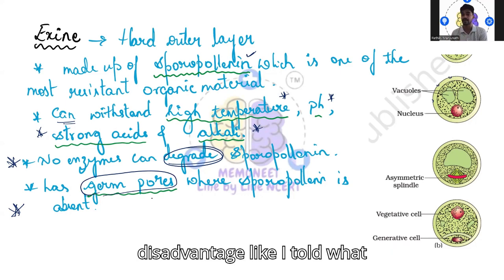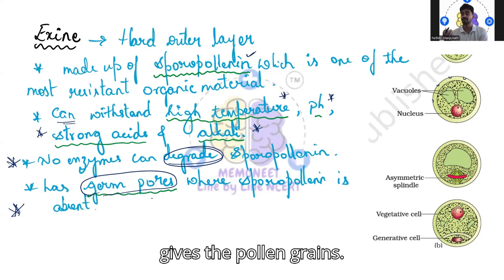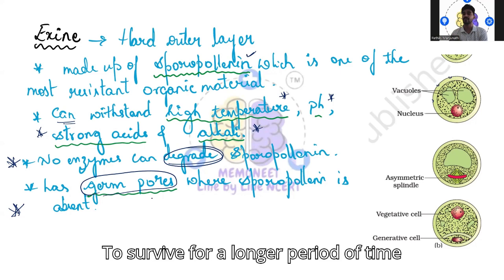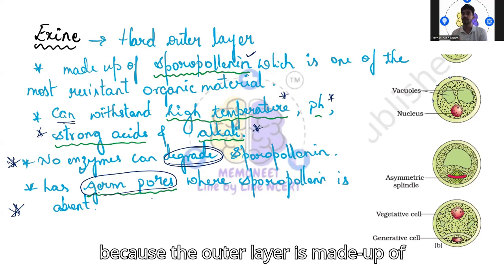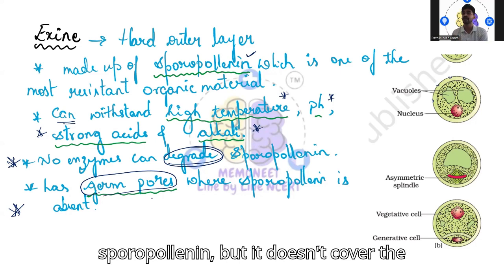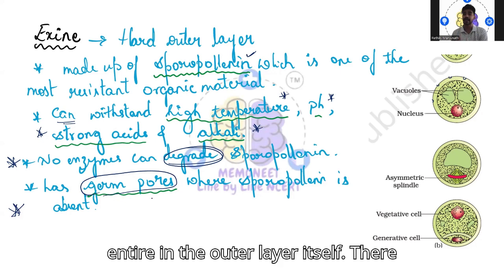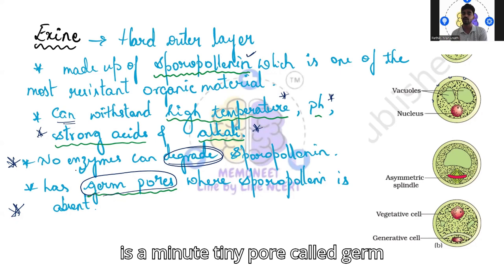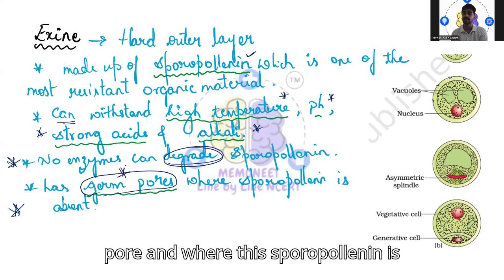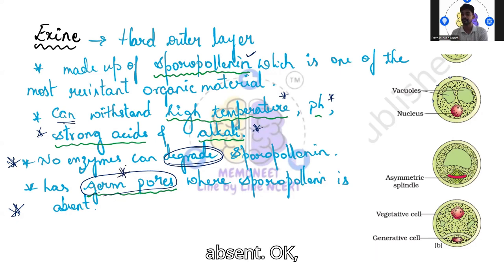Again, there is a disadvantage. Like I told you, the pollen grain survives for a longer period because the outer layer is made up of sporopollenin, but it doesn't cover the entire surface. In the outer layer itself, there are minute tiny pores called germ pores, where sporopollenin is absent.